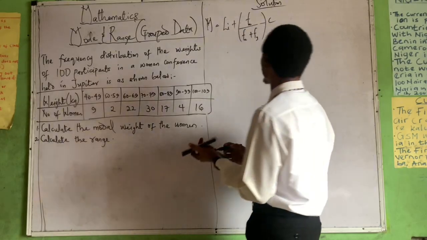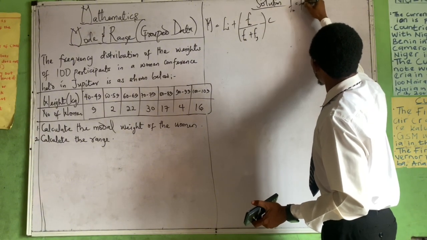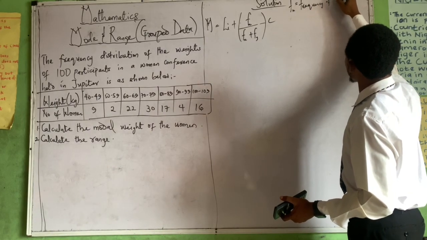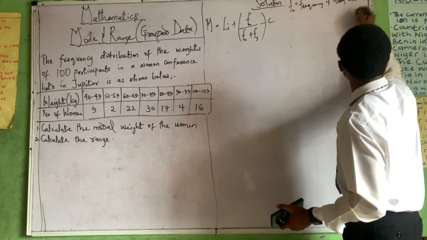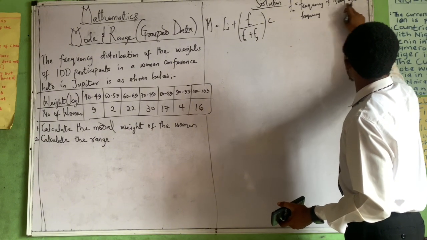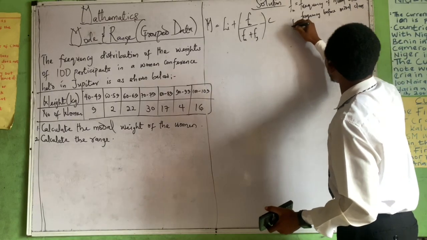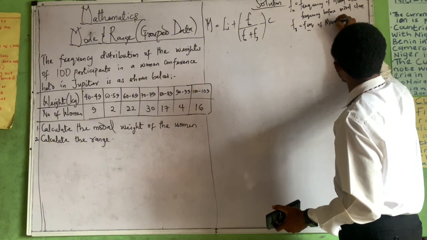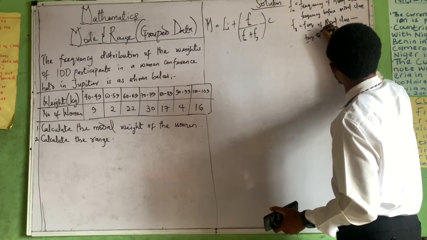This f subscript x means the frequency of the modal class minus the frequency before the modal class, while f subscript y is the frequency of the modal class minus the frequency after the modal class.